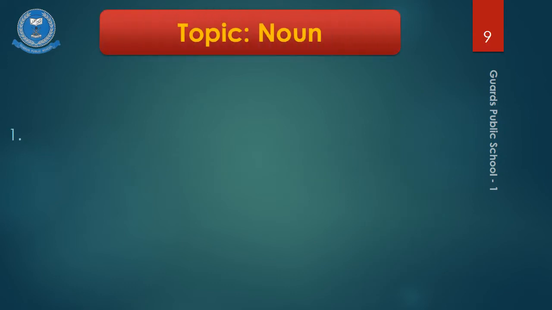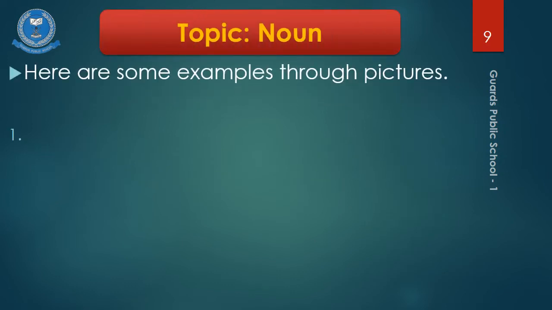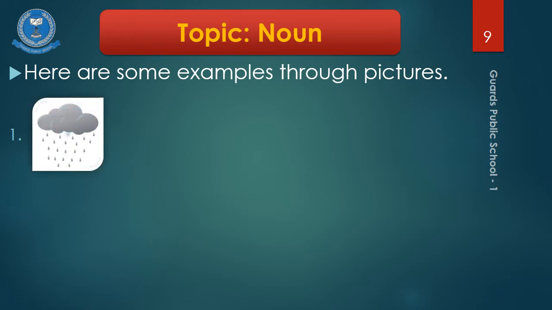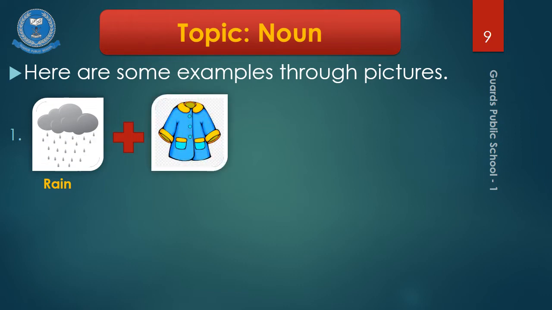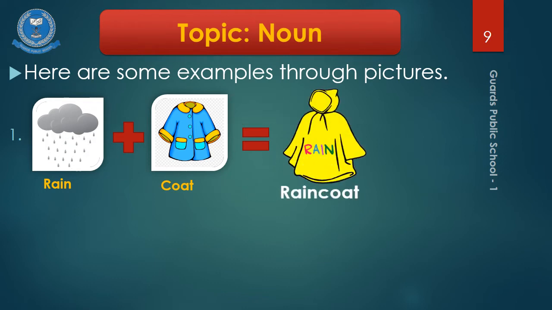Here we will see some examples. Come on students, tell me what is blinking on your screen? Is it a picture of a rain? Yes. And if we add coat with rain, what new word can be made? Yes, it's a raincoat.